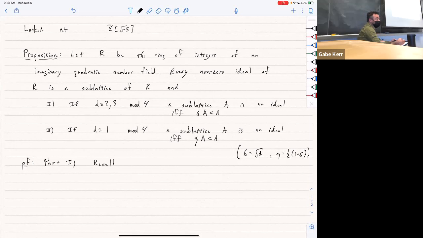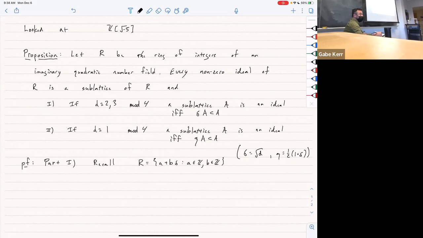When D is congruent to 2 or 3, R consists of all the elements of the form a plus b delta, with a and b integers. That's what I was saying before. This is that rectangular lattice. Remember, delta is purely imaginary. It's the square root of D. D is a negative number, so it's some scale of i.